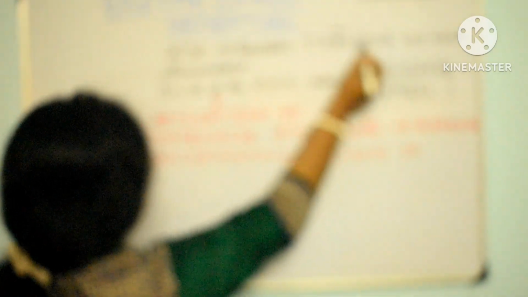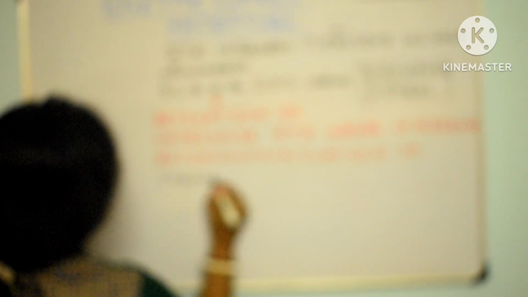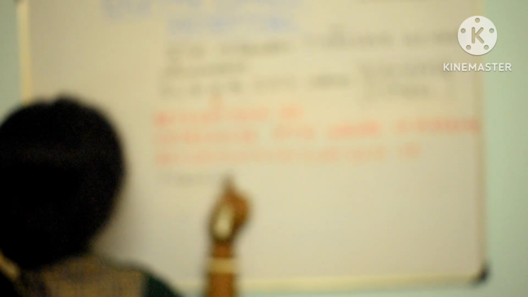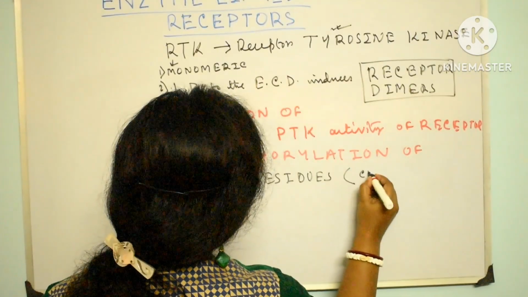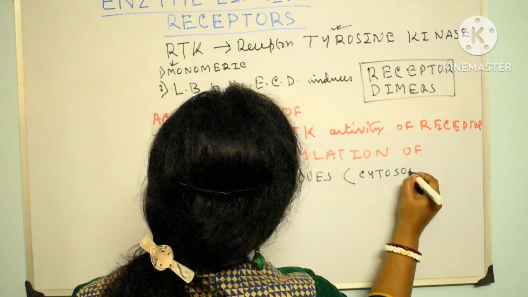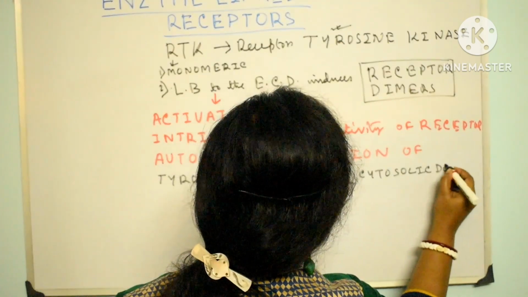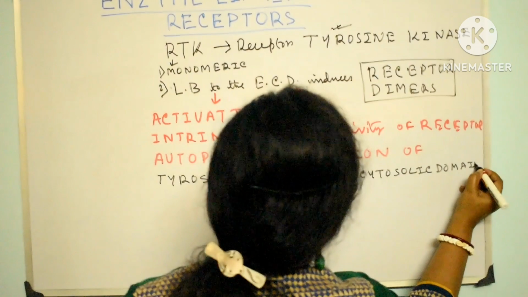As a tyrosine kinase, autophosphorylation occurs at tyrosine residues, and it occurs in its cytosolic domain. Is it very clear?